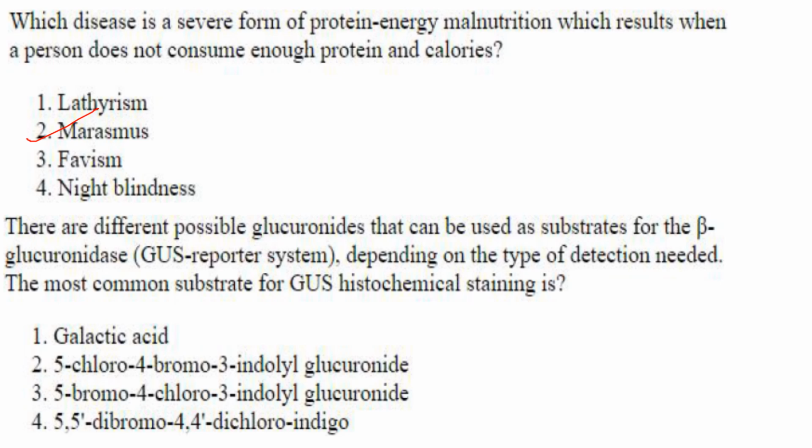Then favism is a genetic disorder that results in a deficiency of glucose 6-phosphate dehydrogenase after ingestion of fava beans. Then night blindness is caused by deficiency of vitamin A. So the answer here is marasmus.